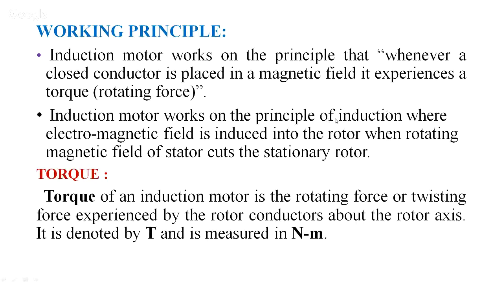It works on the principle of induction, where the electromagnetic field is induced into the rotor when the rotating magnetic field of the stator cuts the stationary rotor. So you have to understand here, inside the stator, it has the armature windings.